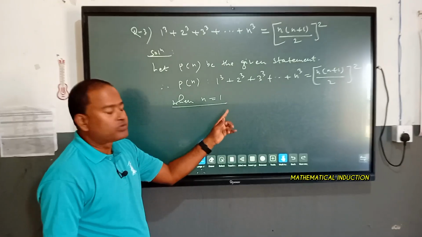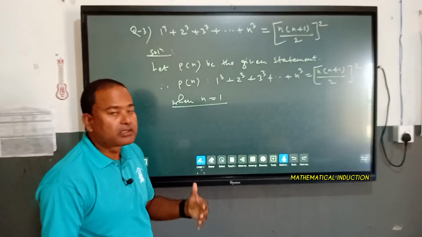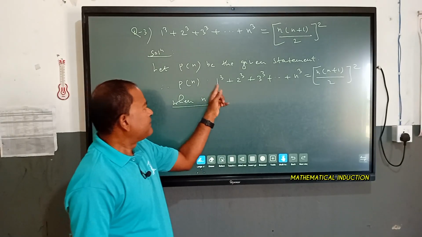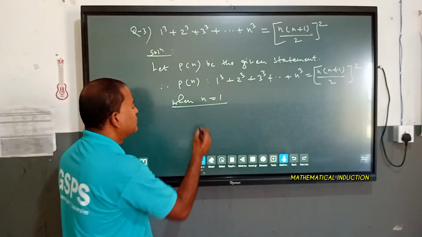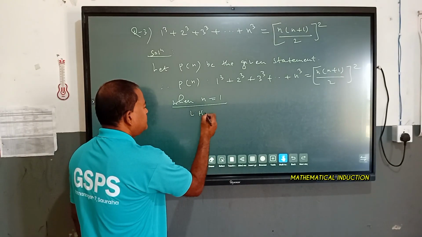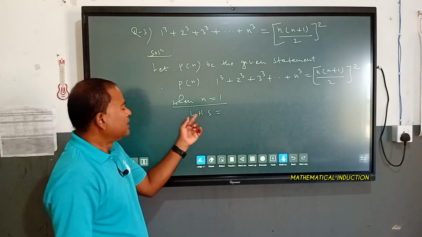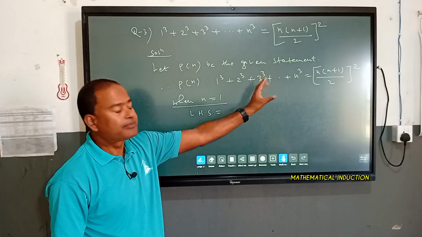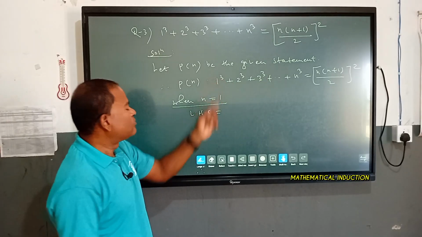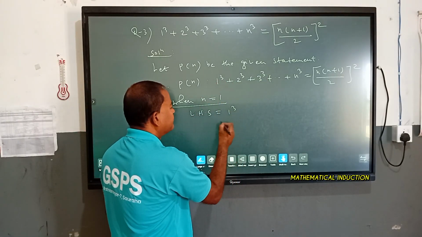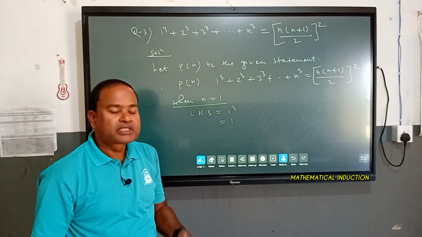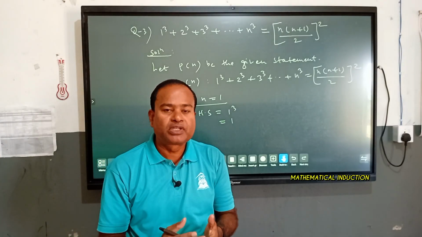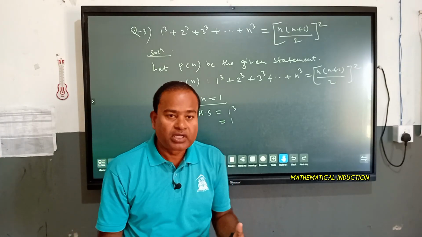When n is equal to 1, in the left hand side we have only one term. In LHS, that means in the left hand side of the given statement, we have the term 1 cube. 1 cube means 1 into 1 into 1, that means we get 1.